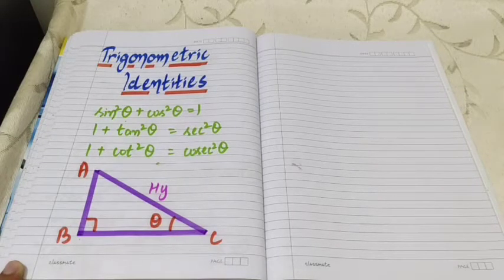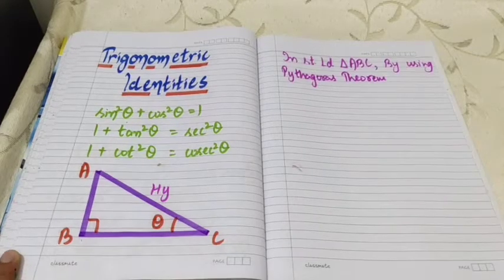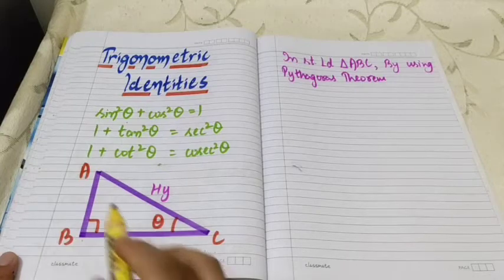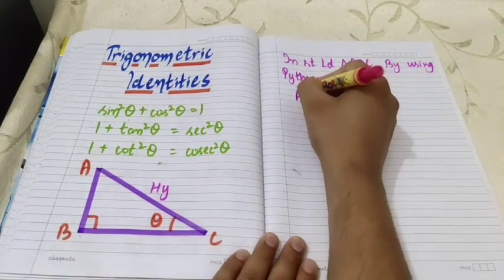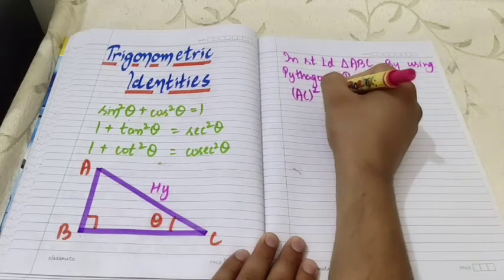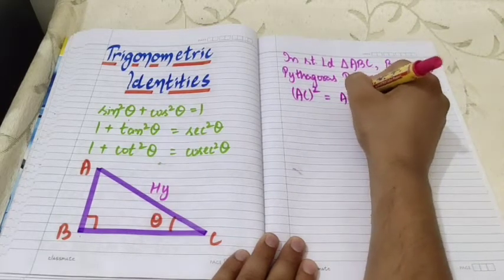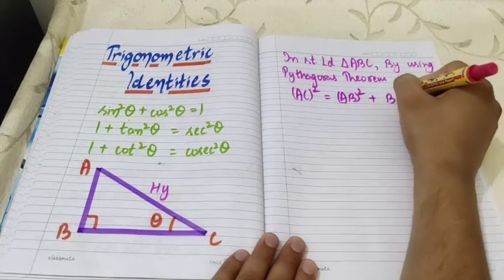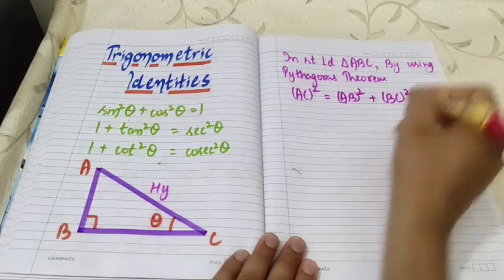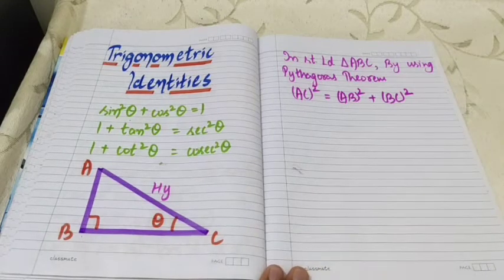Since it is a right angle triangle, we can use Pythagoras theorem. So in right angle triangle ABC, by using Pythagoras theorem, we get hypotenuse square equals sum of squares of the two perpendicular sides, that is AC square equals AB square plus BC square.